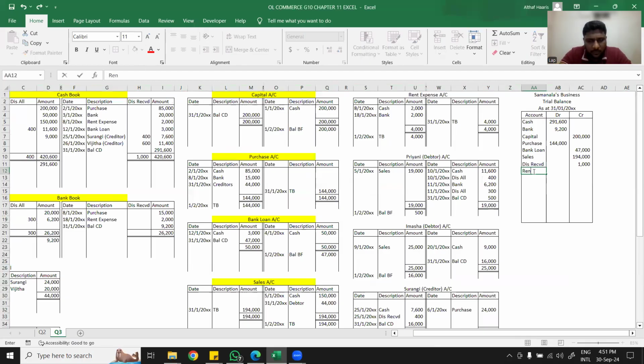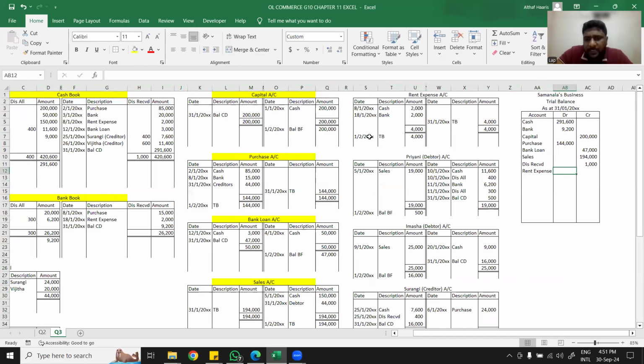Rent. Rent expense, debit side. 4,000. Priyani data asset.